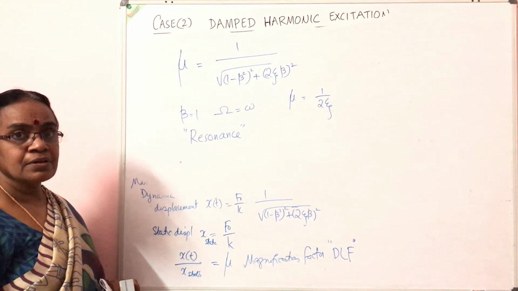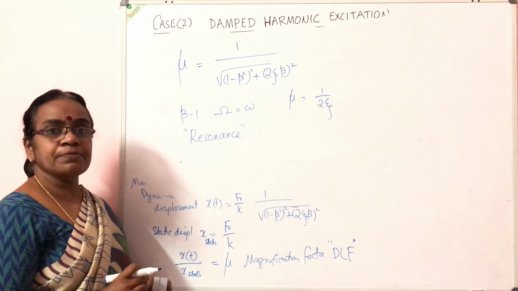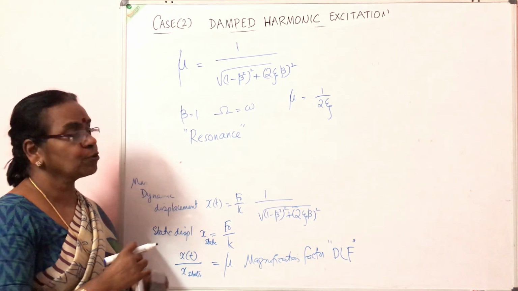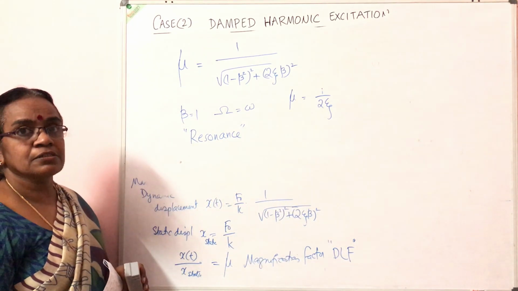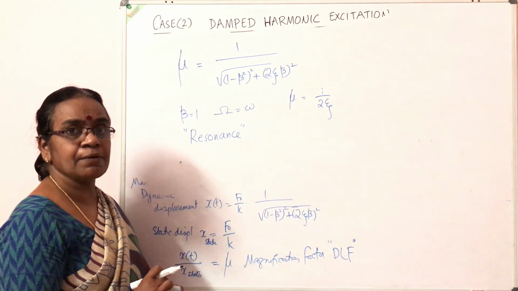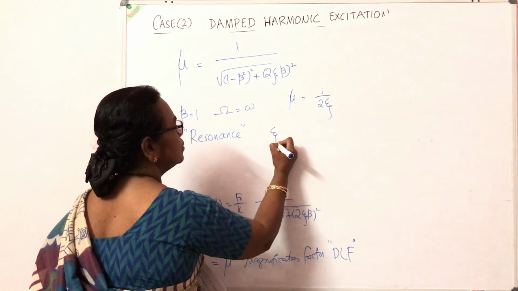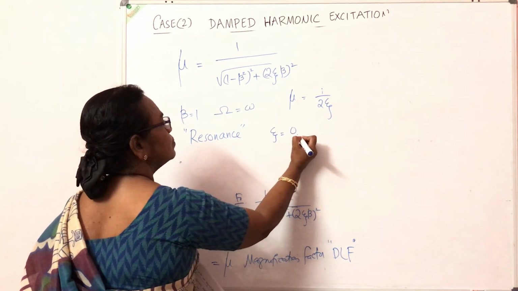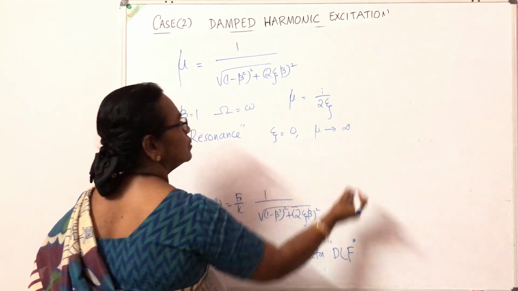At that time, how much the displacement gets magnified purely depends upon the damping present in the system. If the system is not having any damping, if psi is equal to 0, what will happen? This will go to infinity.